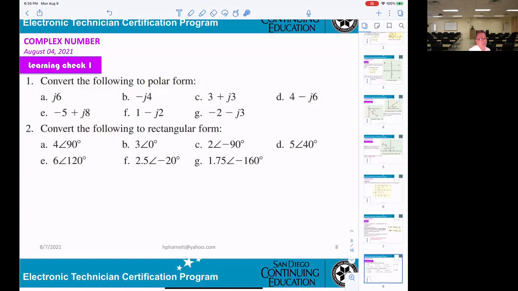So go ahead and try to do exercise number 1. When you get to the last one, I will collect the answers and give you the right answers.